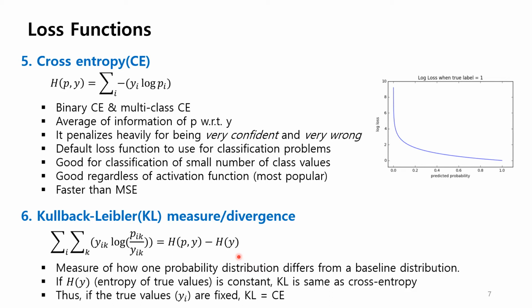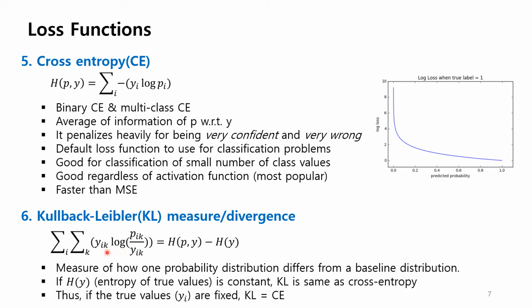How different are they? You want to know. Then this KL divergence is a very nice measure to calculate the difference between two probability distributions. This is widely known as a measure of calculating the difference between two probability distributions.